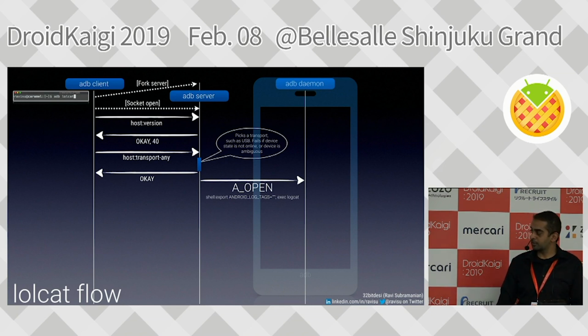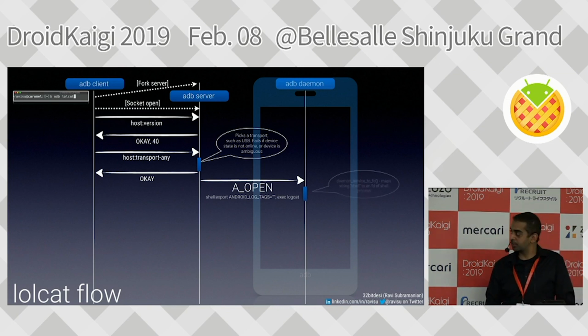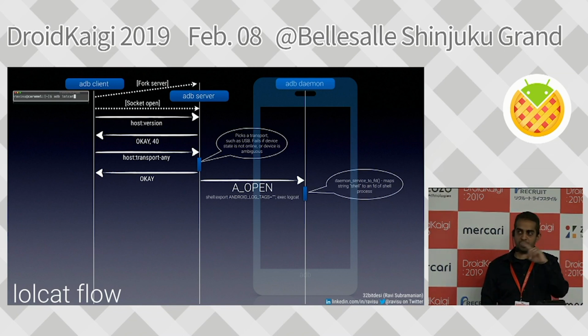So when that gets sent over, the daemon receives it and uses that shell: prefix to map to the corresponding service, which in this case is the shell service. Interesting fact, the logcat service is actually just handled by the shell service. So adb logcat is essentially the same as adb shell logcat.